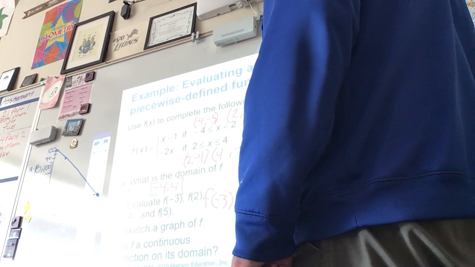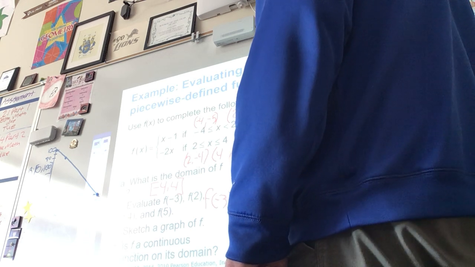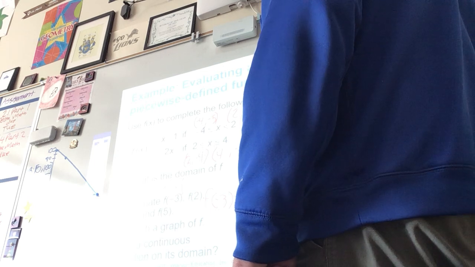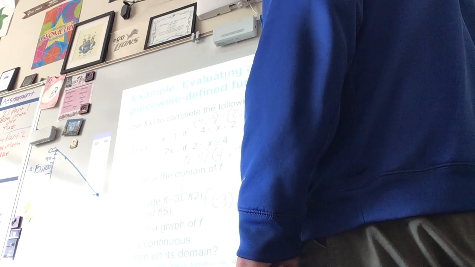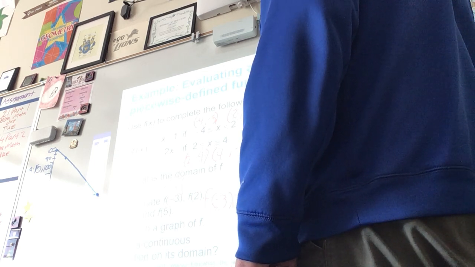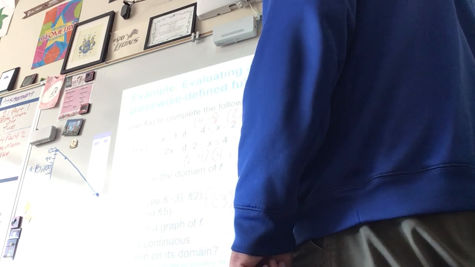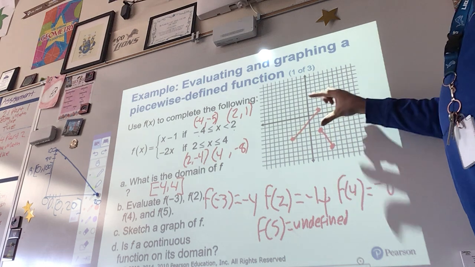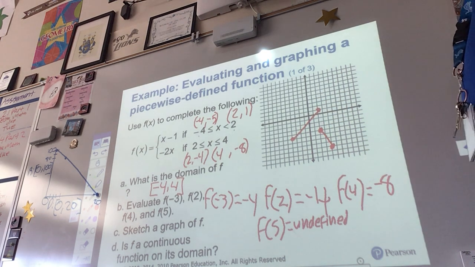And that's going to be closed. And my second point, 4, -8. Also closed. And I connect those with a line. So here's a line segment, here's a line segment. That is my graph, okay?